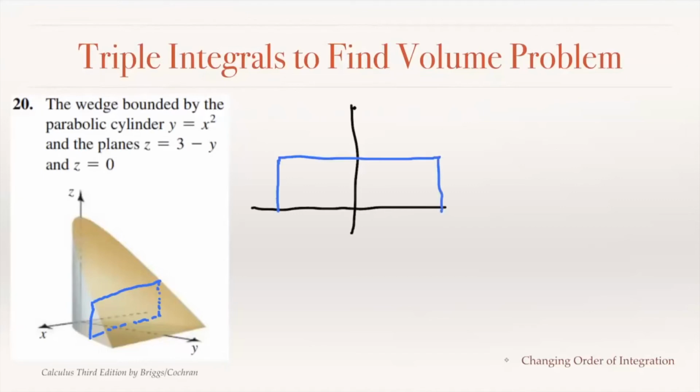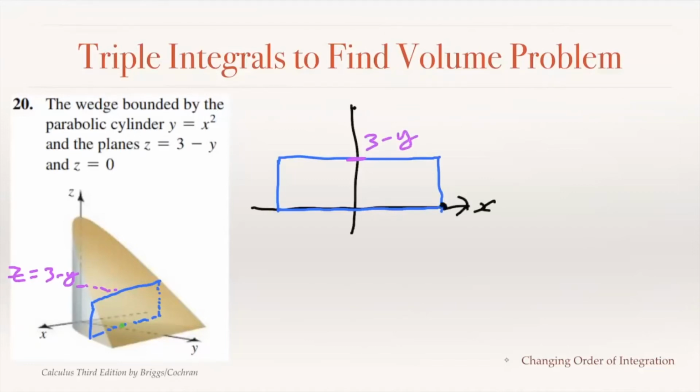Okay, so here's that rectangle. And this is at a particular fixed y. Okay, so at a given fixed y, we go up to z equals 3 minus y. That's the height of the rectangle. That's 3 minus y. All right, didn't label.